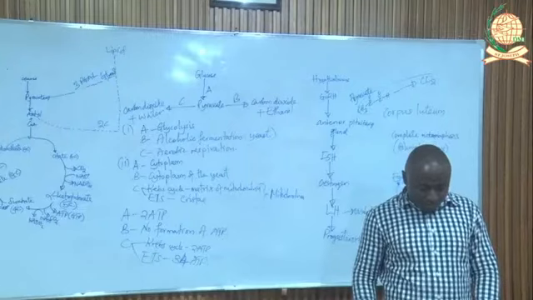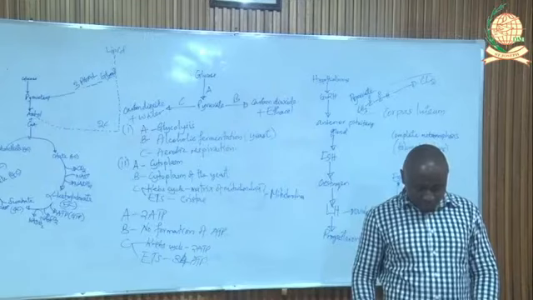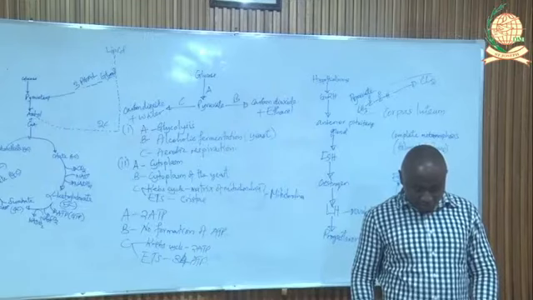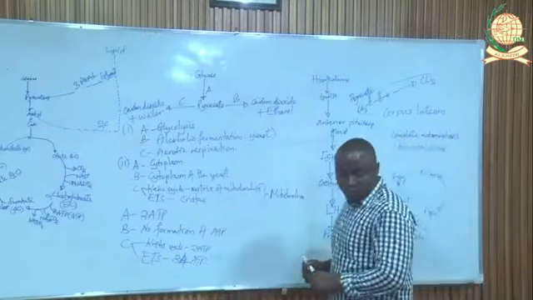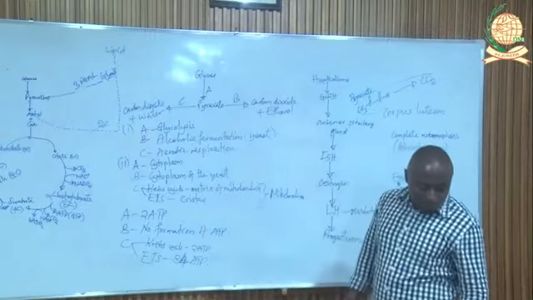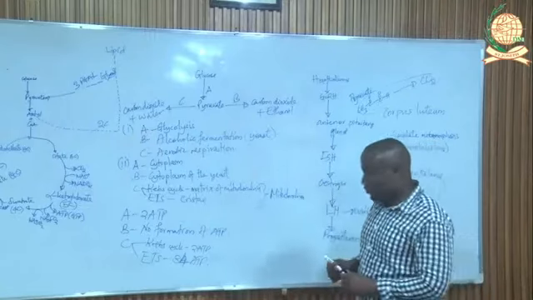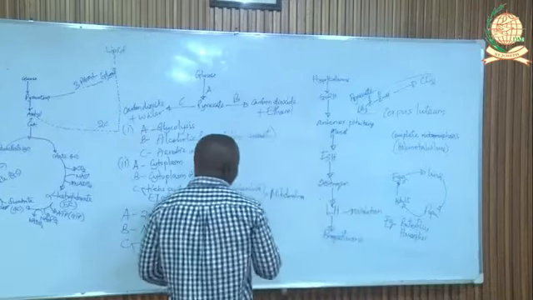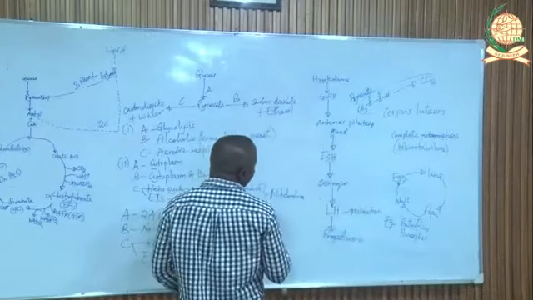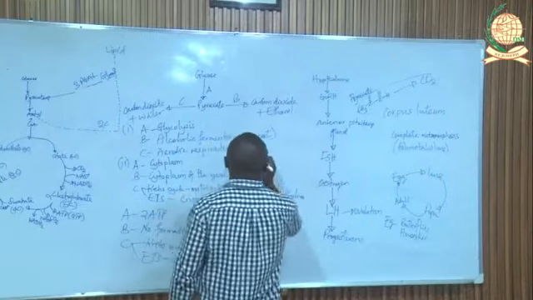Number 10D: Glycolysis leads to formation of pyruvic acid. How is the pyruvic acid converted into ethanol? Explain by giving 2 points. That is the conversion of pyruvate into ethanol, the anaerobic respiration in yeast.